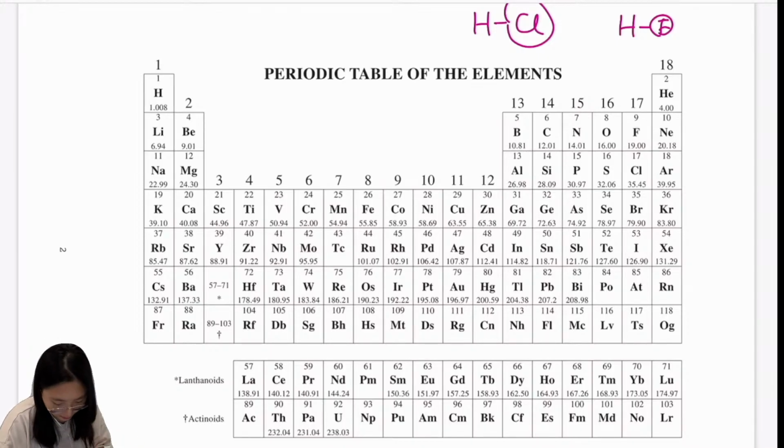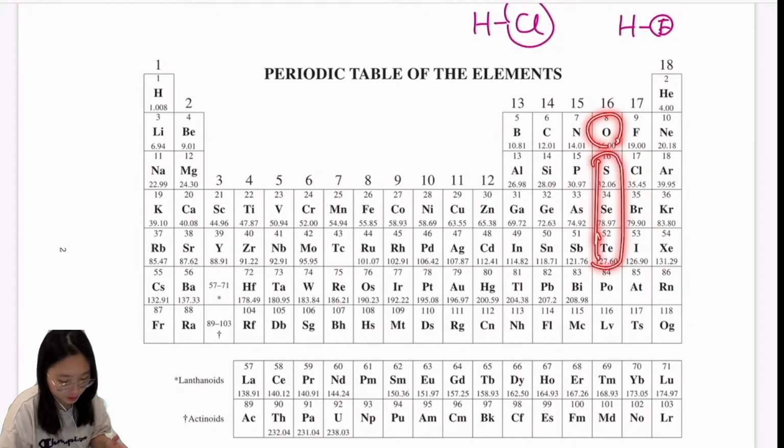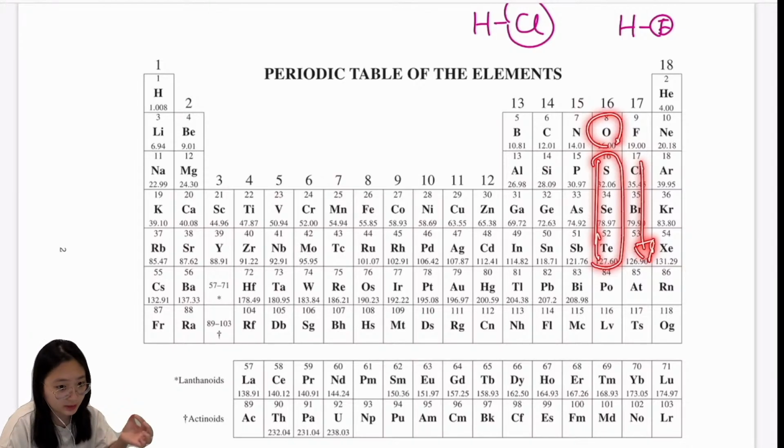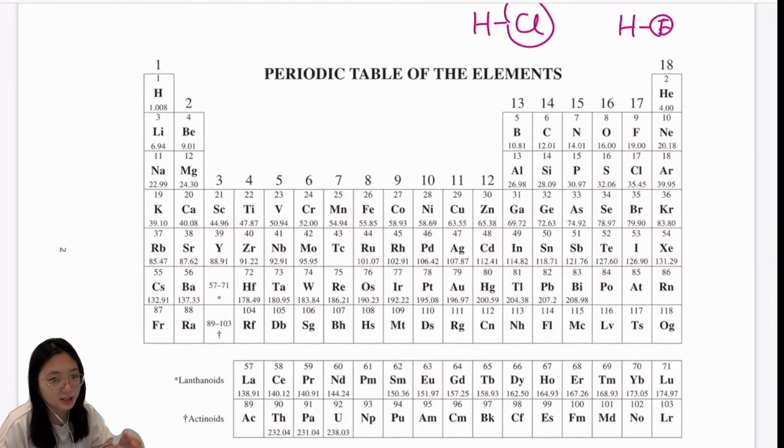So except for the oxygen, when these 3 combine with hydrogen and you go downward, the atom size is getting bigger. When atom size is getting bigger, it means there are more electrons. More electrons means the polarizability is getting bigger, and bigger polarizability means the greater London dispersion force.